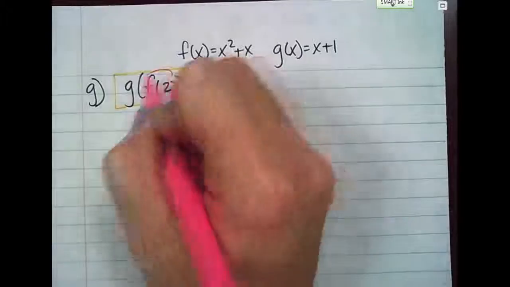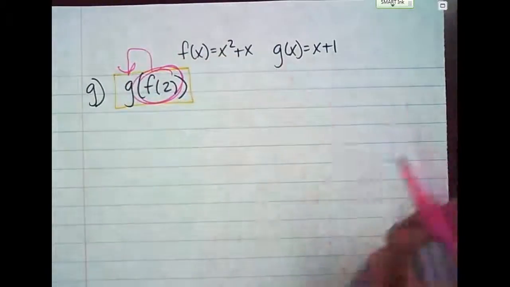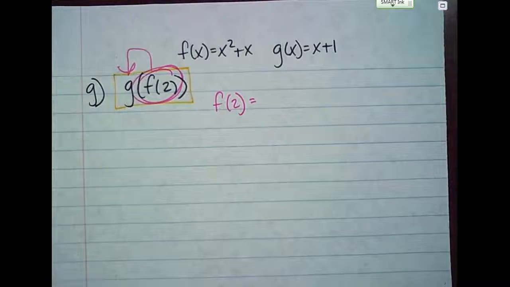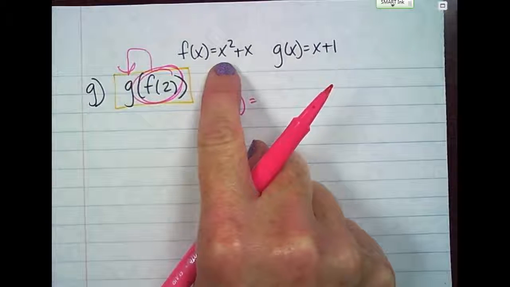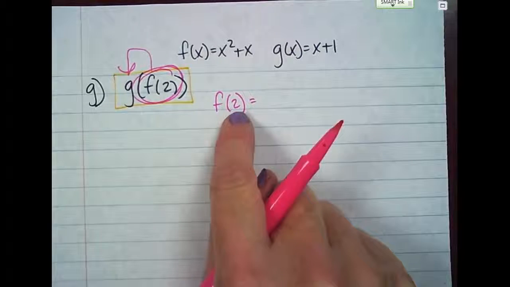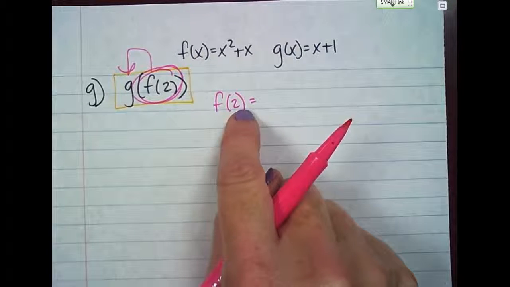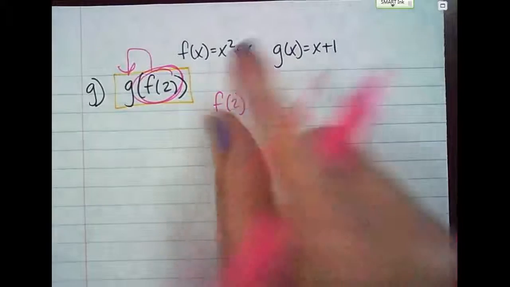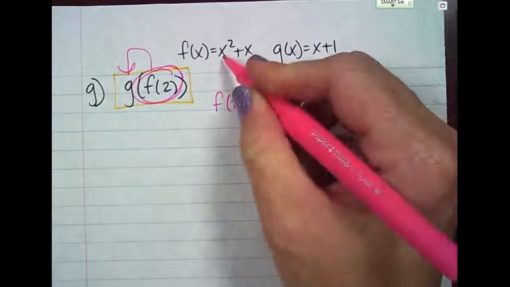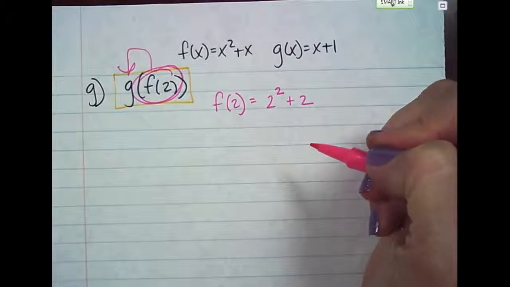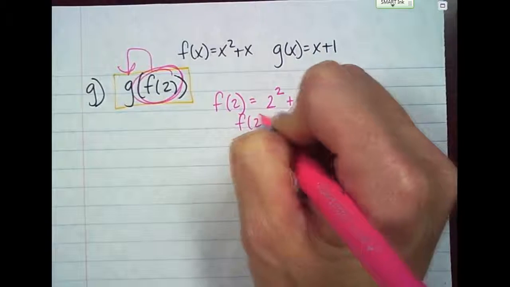We're going to find this value first and then plug it in. So we're going to find f of 2 first. That means come up to this function, and everywhere I see an x, I'm going to substitute in a player, right? What player am I going to put in its place? 2. I'm going to kick all the x's out, we're going to put in 2's. Okay, so this is going to become 2 squared plus another 2, which is what? 6. So f of 2 is actually 6.